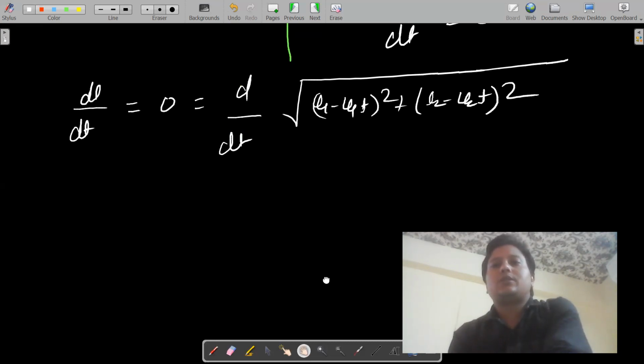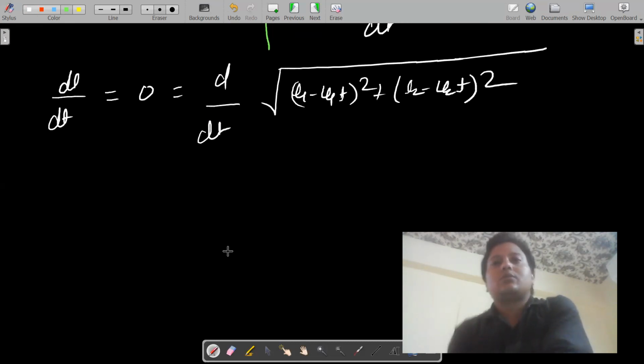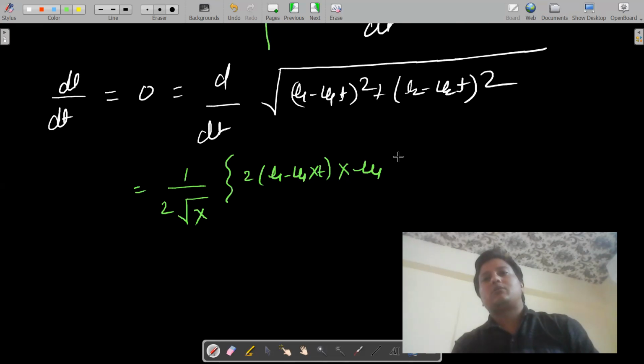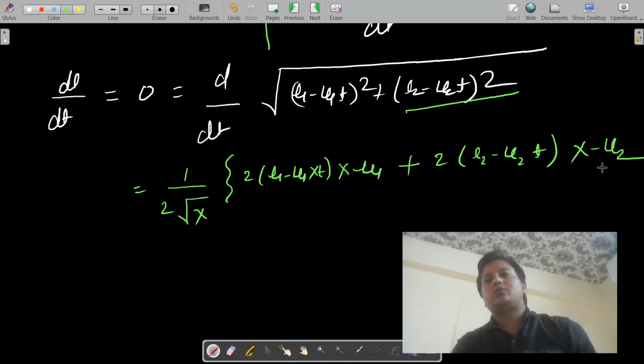Differentiating this, root x gives 1 by 2 root x, and inside differentiation is 2 (L1 minus u1t) multiplied by minus u1, plus, differentiating the second term, 2 (L2 minus u2t) multiplied by minus u2, equals 0.